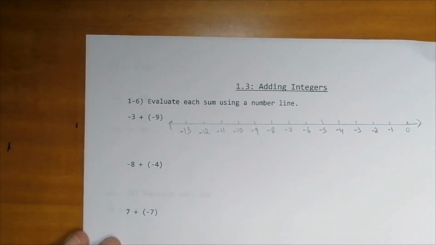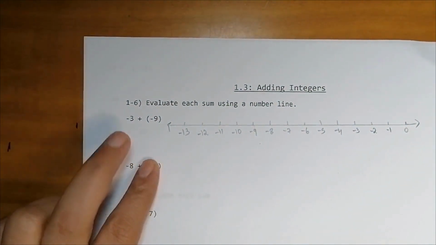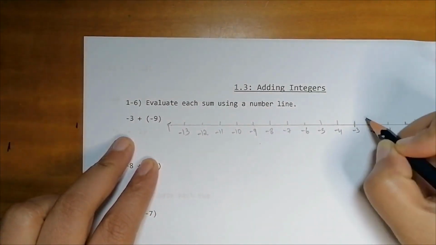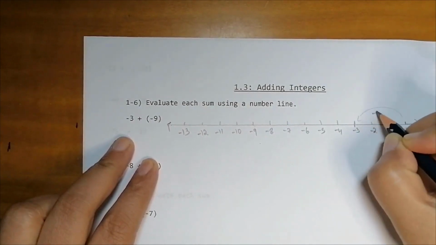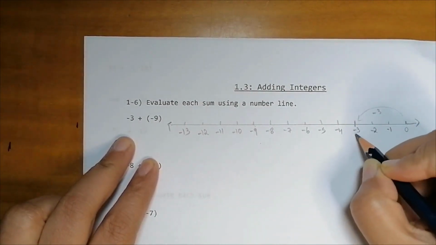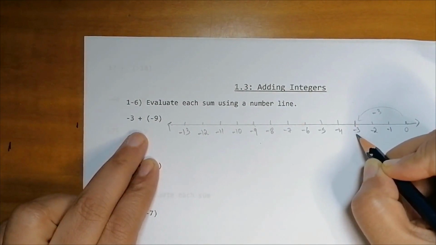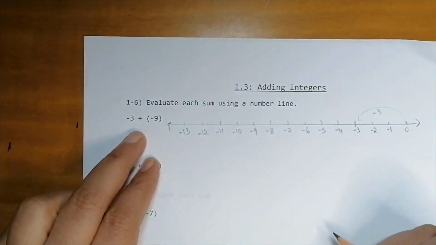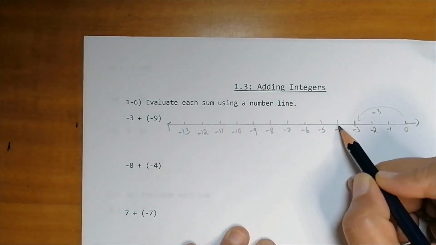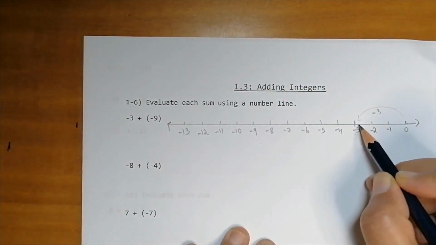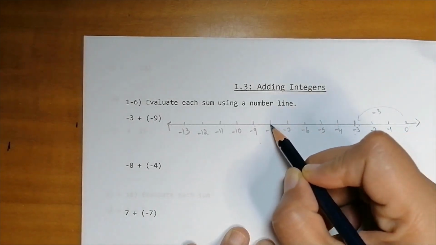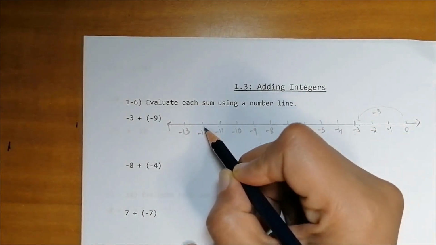If you remember, when we are doing this, we start with the first number, -3. So we'll start from here. We don't need to mark the others, we start from -3 already. And it says plus -9. When you are adding a negative number, you go to the left side, so you have to count 9 now, starting from -3. 1, 2, 3, 4, 5, 6, 7, 8, 9.